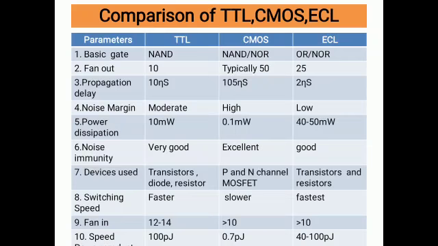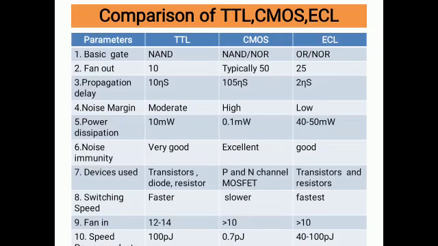So noise immunity is good in ECL, very good in TTL, and excellent in CMOS. Means the ability to avoid noise is excellent in CMOS.